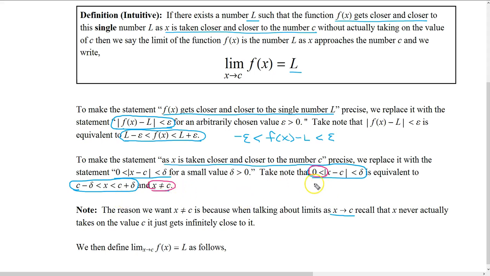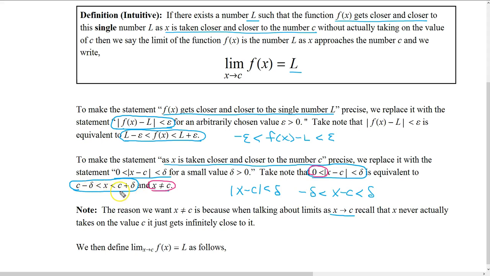Now also note that x is greater than c minus delta and less than c plus delta. Once again, that comes from the absolute value statement, by taking this and just rewriting it, and then we add c to each term, and we obtain this over here.